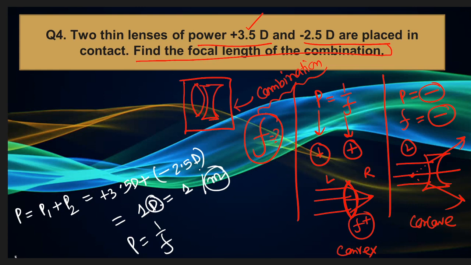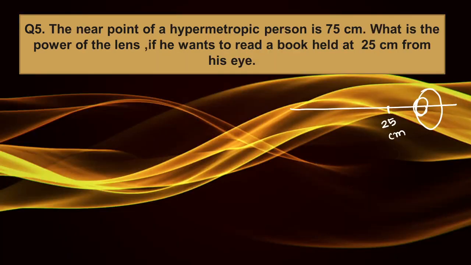But for this person having some problem in the eye, near point means the closest point that he can see clearly, that is 75 centimeter. Now dear cadets, for a normal eye, near point is 25 cm, which means this is the distance that is forbidden for any distinct vision. But for this person, he is unable to see within this range.